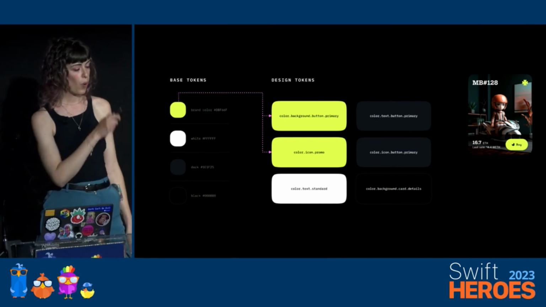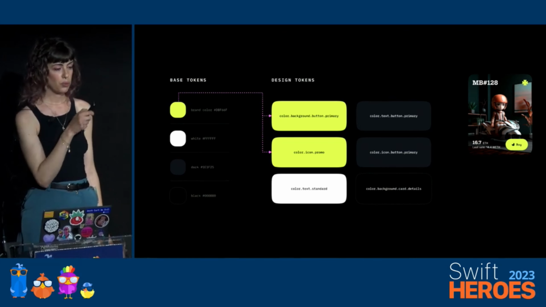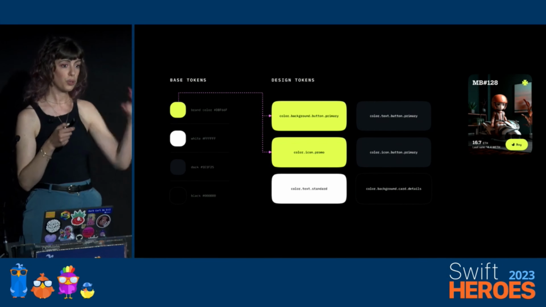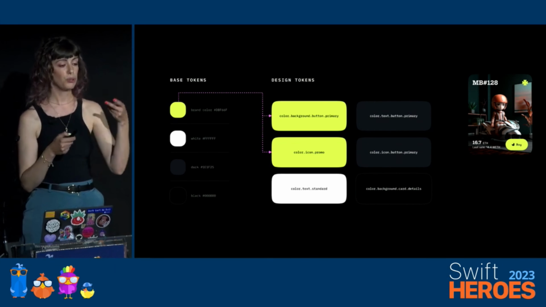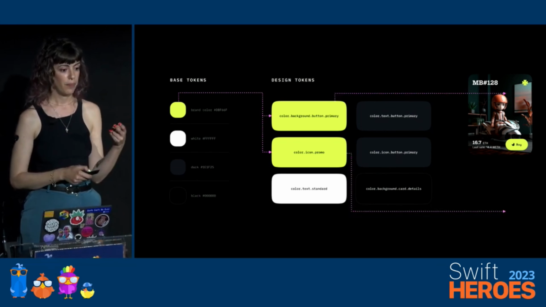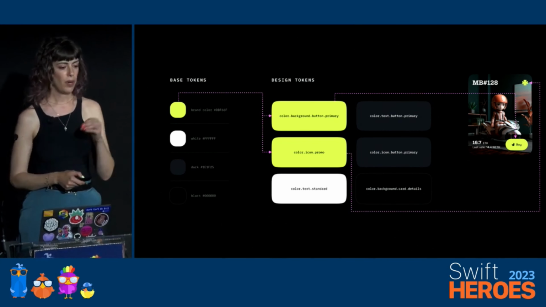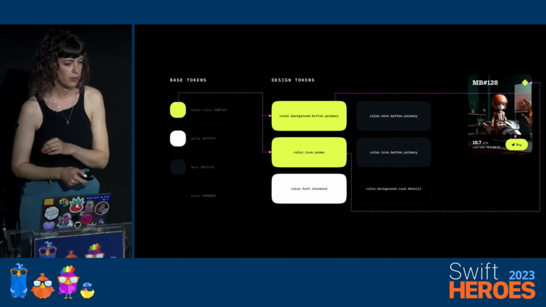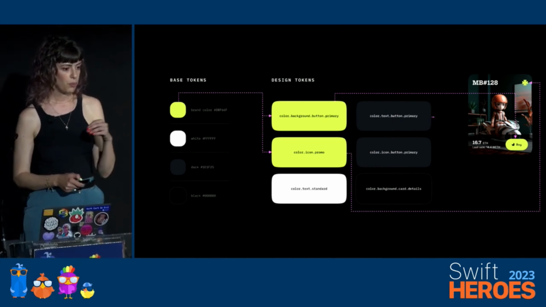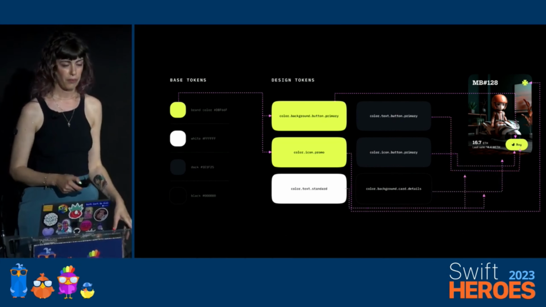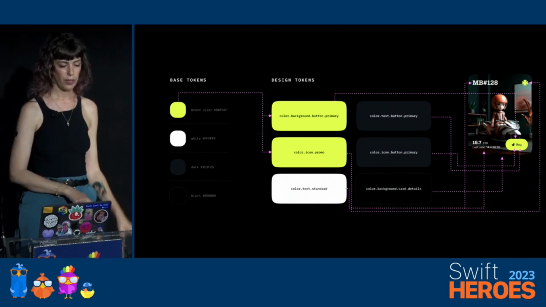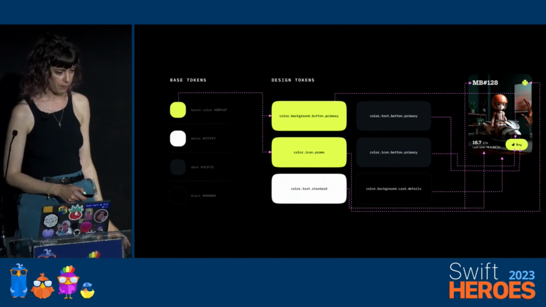As you can see, one base token now goes to form two different design tokens for two different meanings. One is for a promo icon, and one is for the primary action button. And so it will be for every other token we have. We assign them all to our elements in the UI.